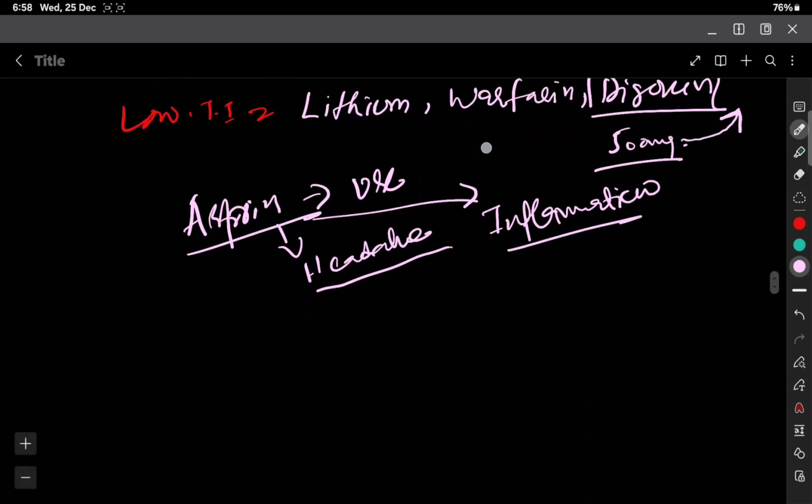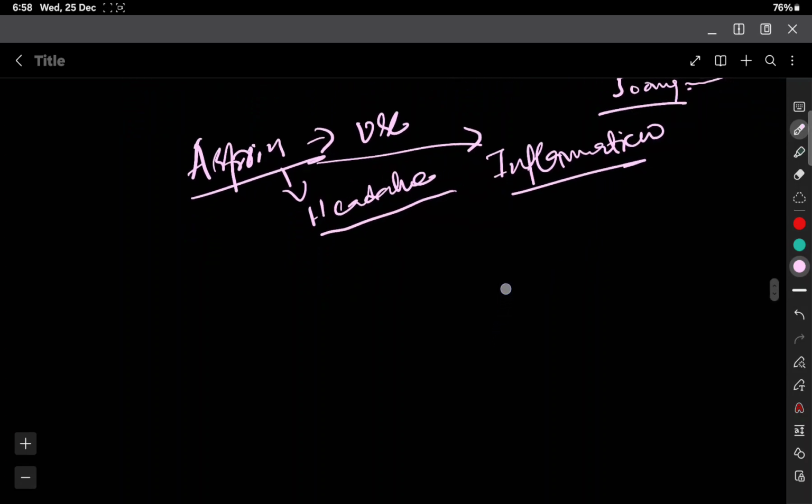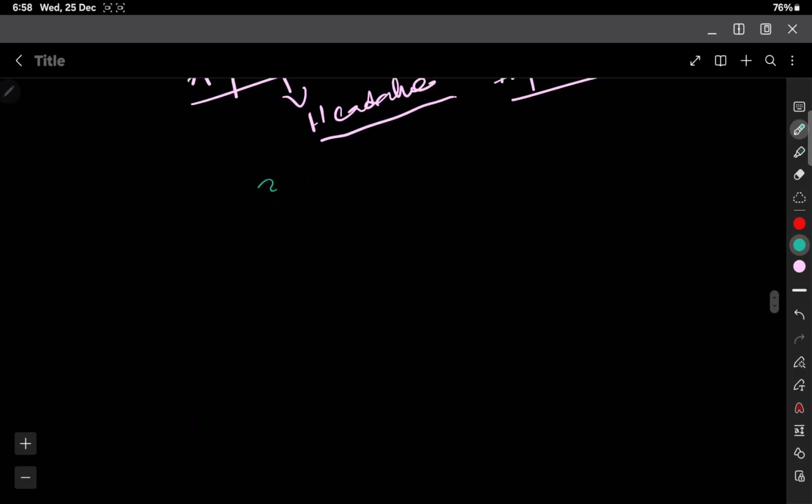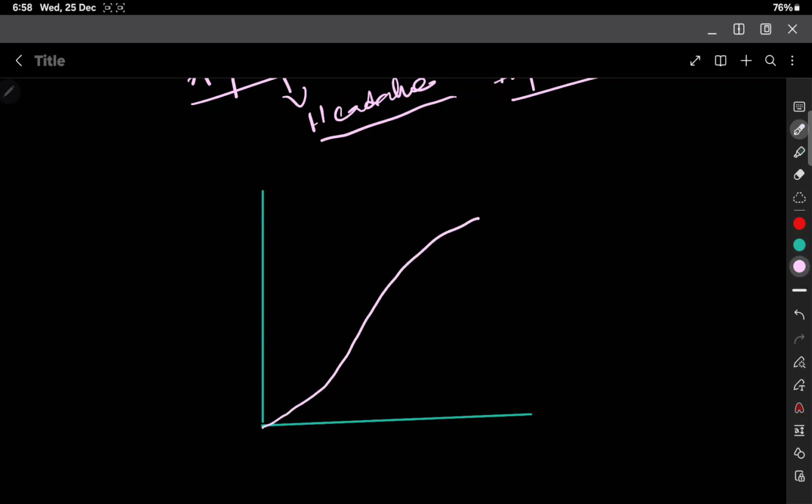Now there is a difference between the therapeutic index and the therapeutic window, which I will explain with this graph. Again I will draw the graph. So this is the efficacy, the effectiveness of the drug.